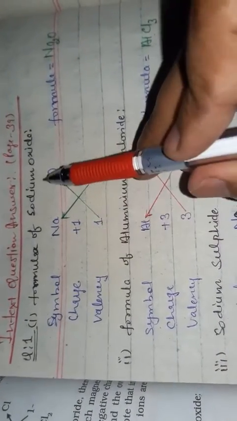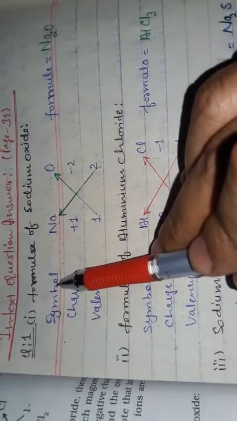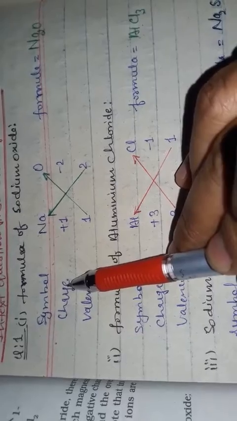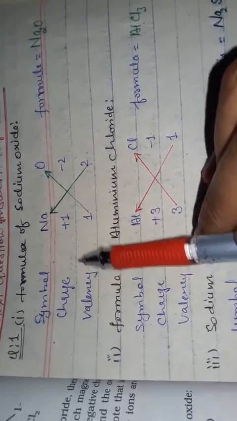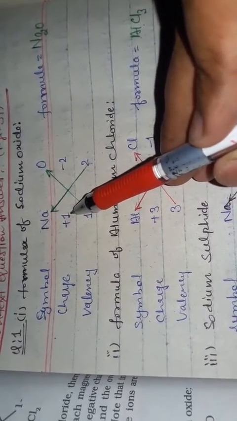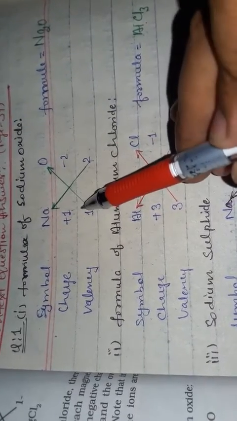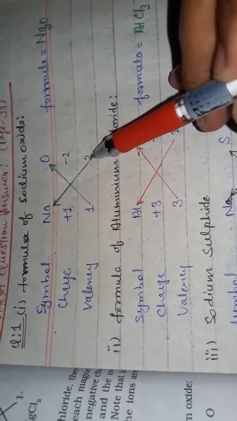First is the formula of sodium oxide. The first step: we write the symbol of the element, then we write the charge acquired by these elements, and last the valency is shown. Here sodium's charge acquired is +1, similarly oxygen acquires -2. That means the valency of sodium is 1 and oxygen is 2.